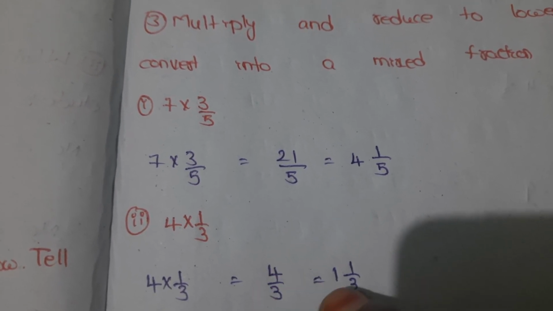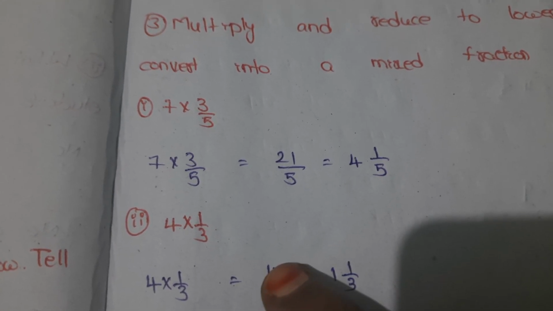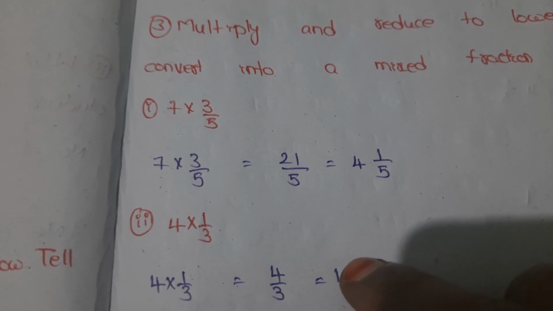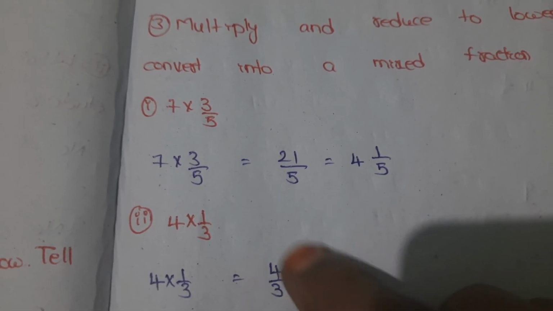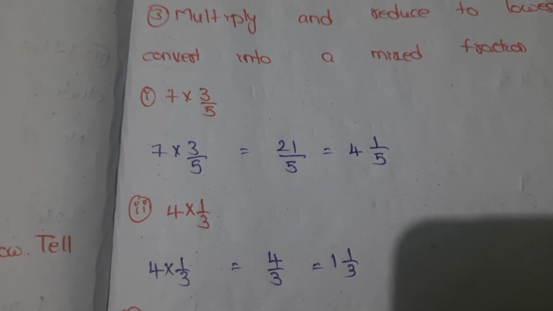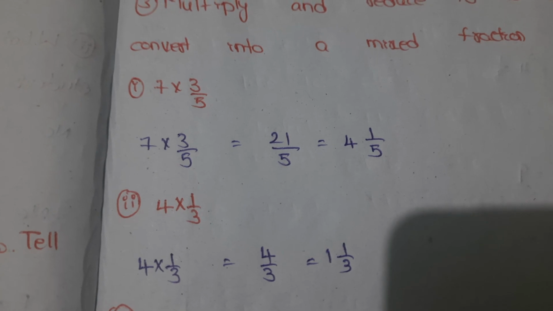Here the quotient is 1, and the remainder is 1, which we write as the numerator. Therefore this fraction is converted into 1 and 1 by 3. In the same way you can do the remaining problems in this exercise.